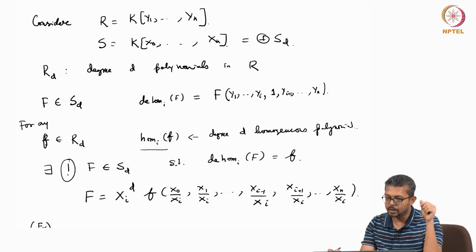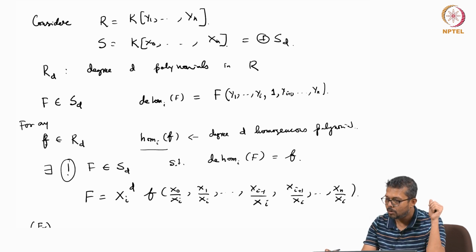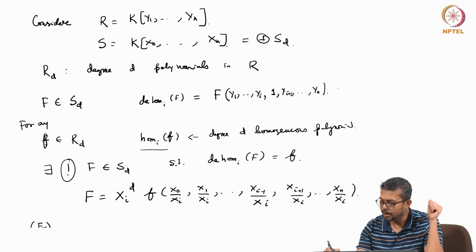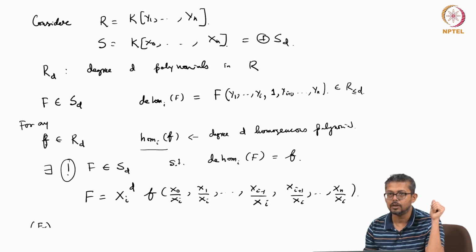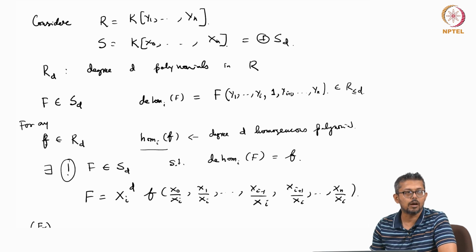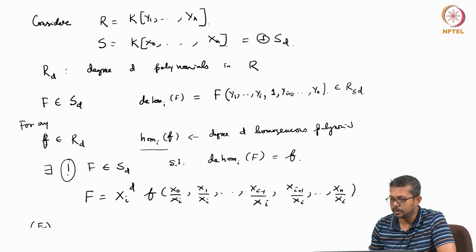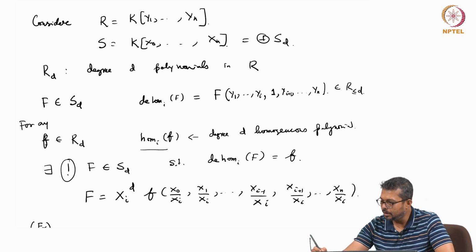And if you take a degree D homogeneous polynomial and you dehomogenize, then this will have degree less than or equal to D. So this will be in R less than or equal to D, which means the degree of the polynomial is less than or equal to D.